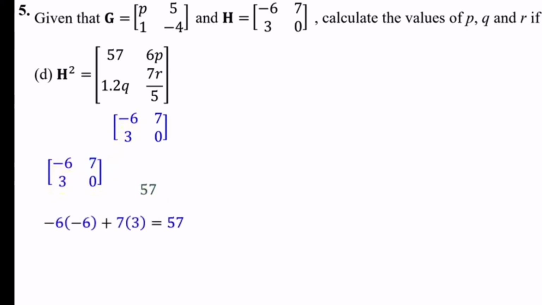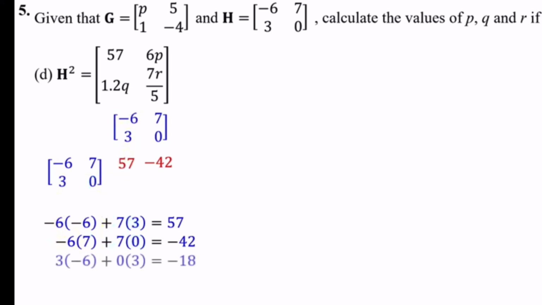So negative 6 times negative 6 plus 7 times 3, we get 57, followed by negative 6 times 7 plus 0 times 0, we get negative 42, followed by 3 times negative 6 plus 0 times 3. So we will get the answer, which is negative 18. And 3 times 7 plus 0 times 0, we'll get 21.